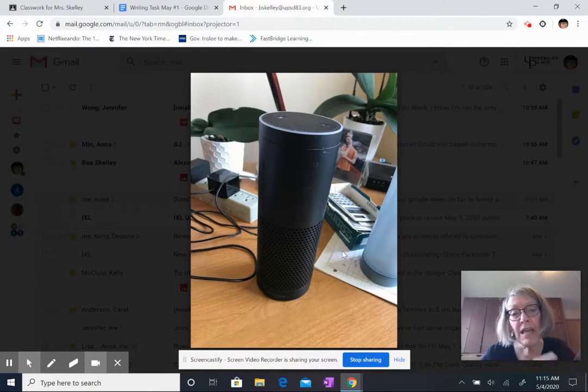So I could say Miss A is a black object. Or I could say Miss A is kind of a circle. But if I wanted to really describe it so that somebody could picture it in their minds, I would say the object is about 12 inches tall and it's round like a cylinder.